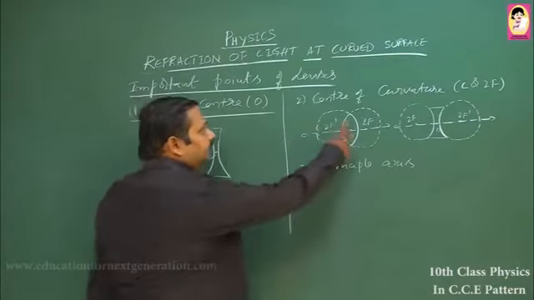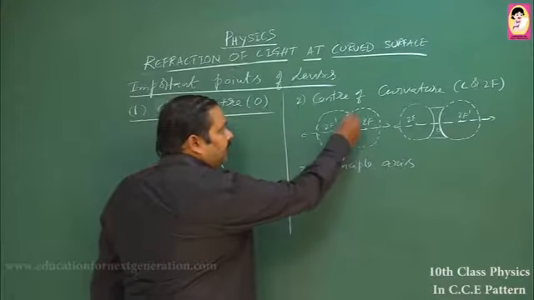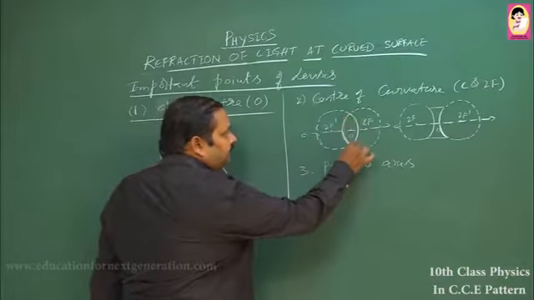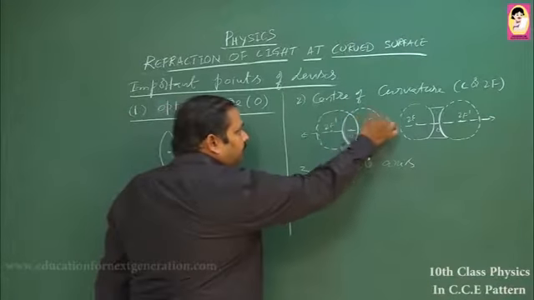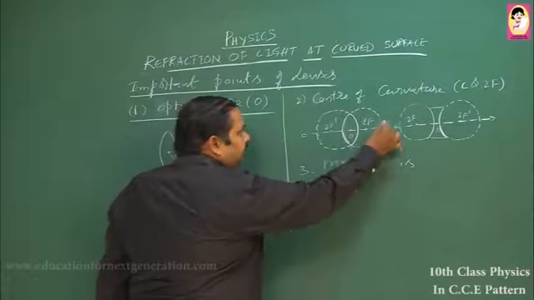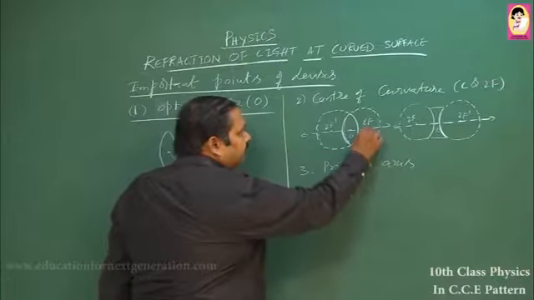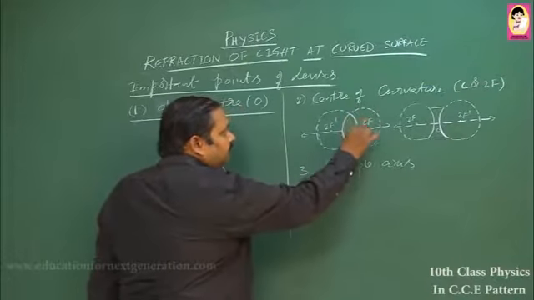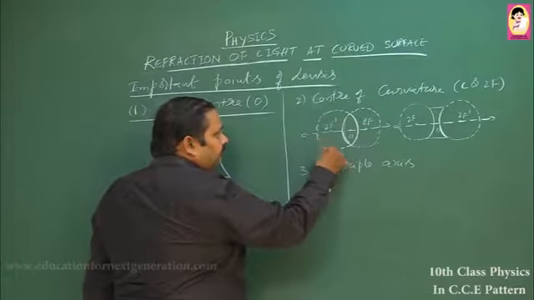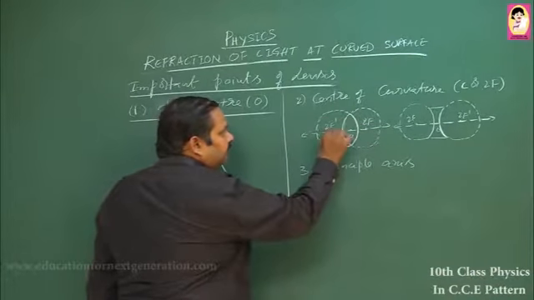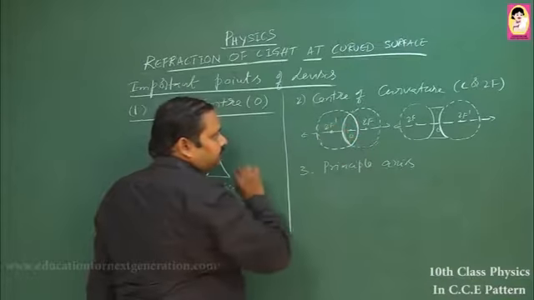Here, this is the convex lens and this is one curved surface, and actually this is a part of a big sphere and this sphere has a center. Similarly, the second curved surface of the convex lens also is a part of a big sphere and this is the center of the second sphere.